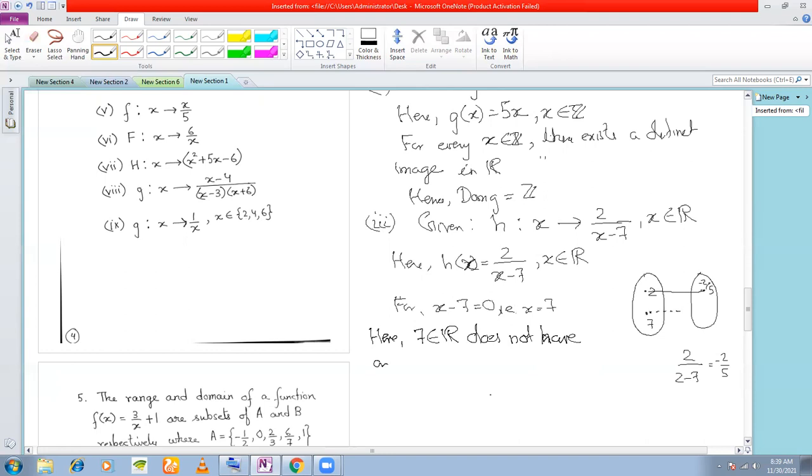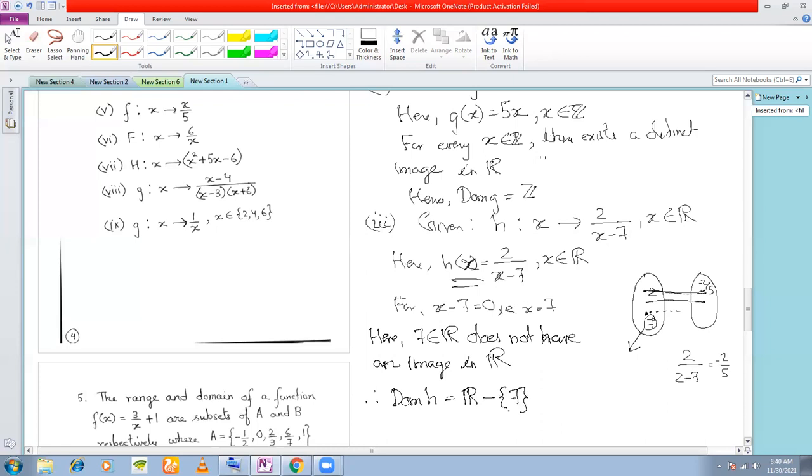Where will you map this? So therefore, what should be the domain of h? For this to be a function, each element must be mapped, each element must have an image. But 7 does not have an image. Then what you do? You remove 7 from this set, then it becomes a function. So what should be the domain? All the real numbers except 7.